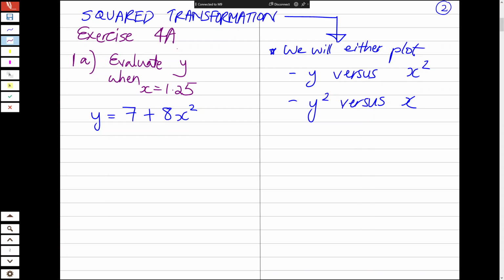Even simpler than that. You're not solving. Substitution, that's right. I called it the S word a while ago, I think. All right, so I'm just going to substitute x equals 1.25 into this formula.